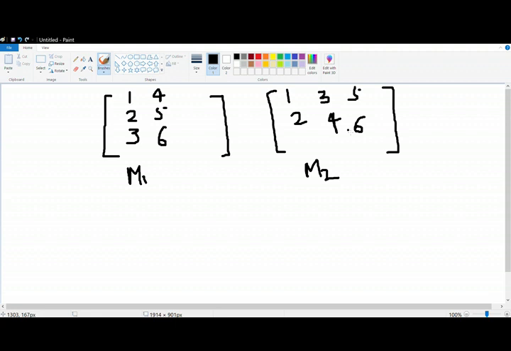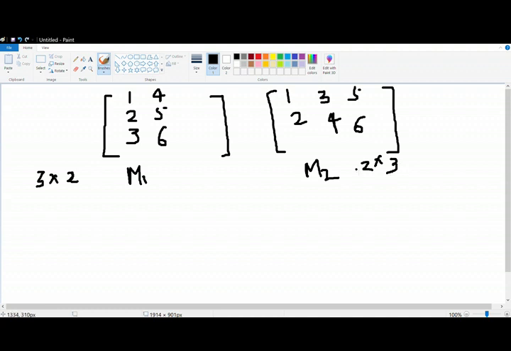Before multiplying these two matrices, first we have to check the order. The order of the first matrix is 3 into 2, and the order of the second matrix is 2 into 3.